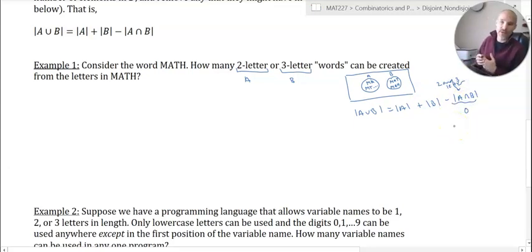Well, how do we get the number of 2-letter words? Well, remember, we're grouping one letter with another letter, and the fact that we're counting the number of groupings, the number of pairs of 2 letters derived from the word math, means that we're going to multiply.